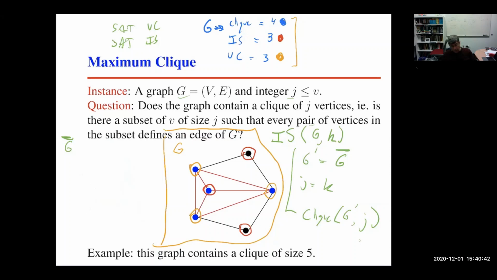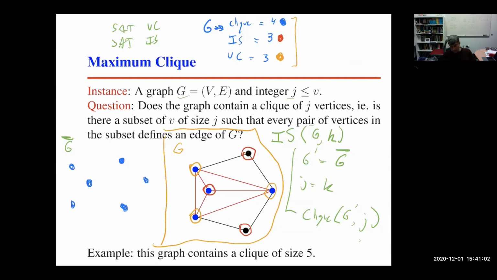So we have a graph where the vertices should be this, this, this, this. What are the edges of G prime?